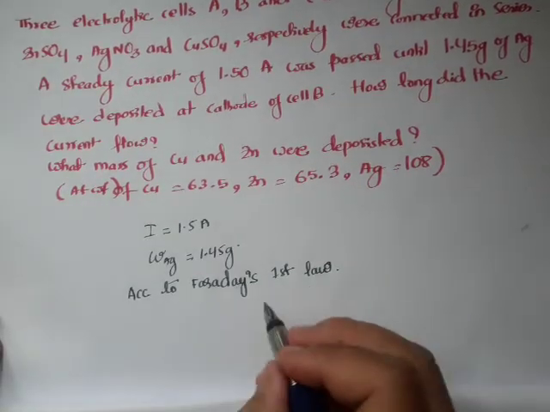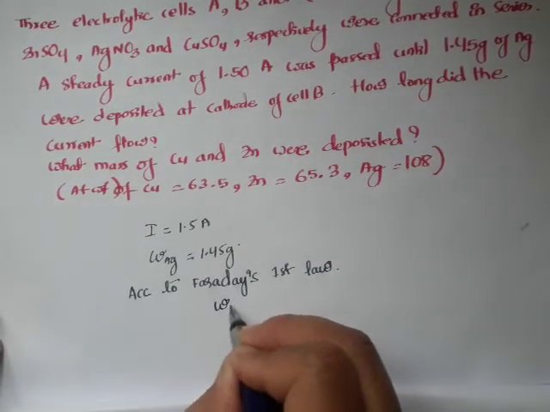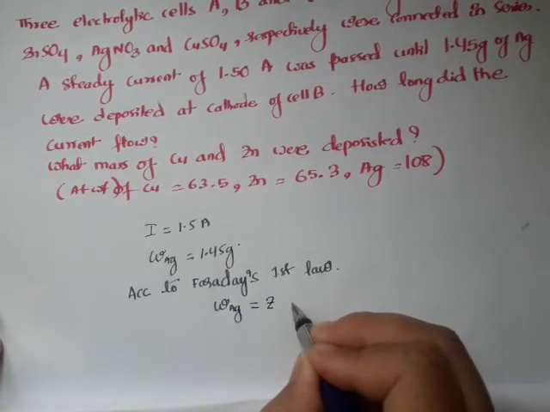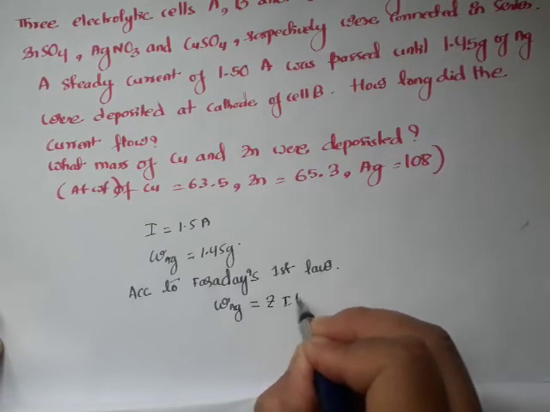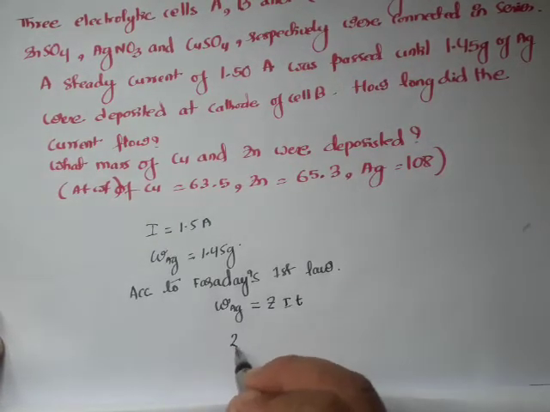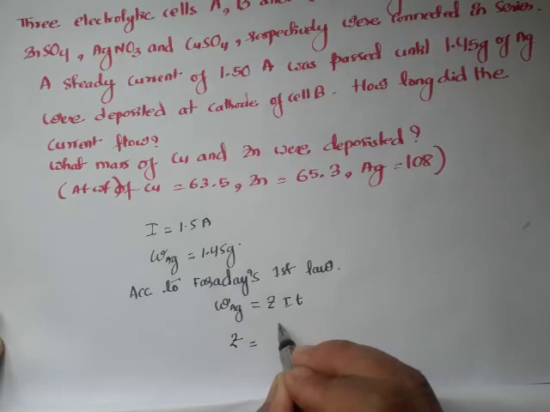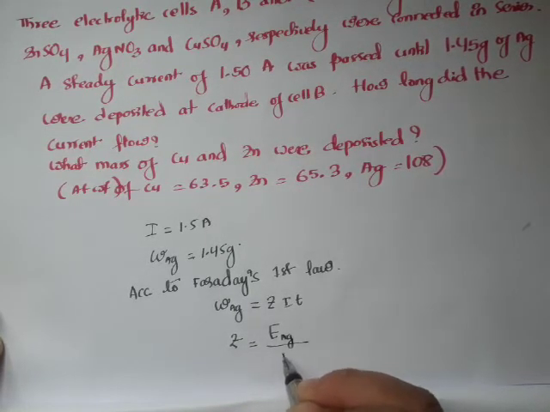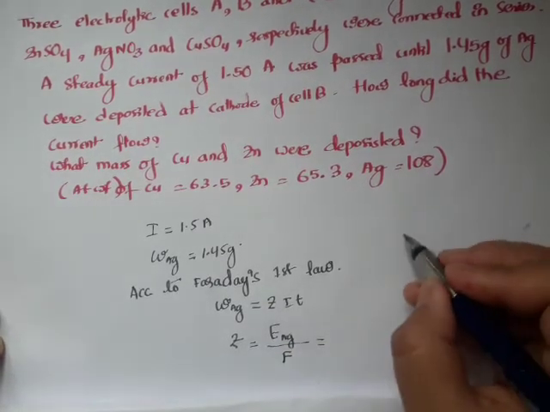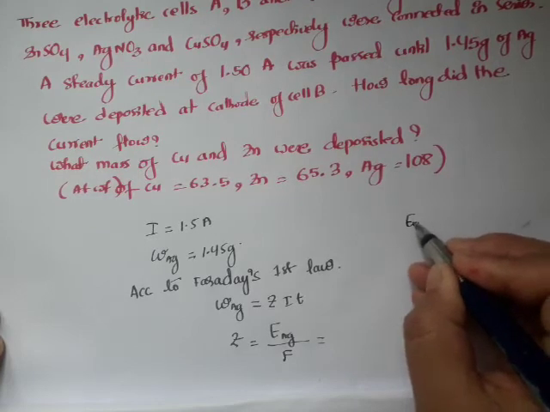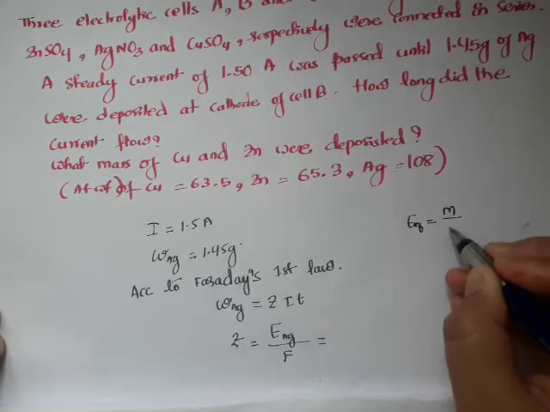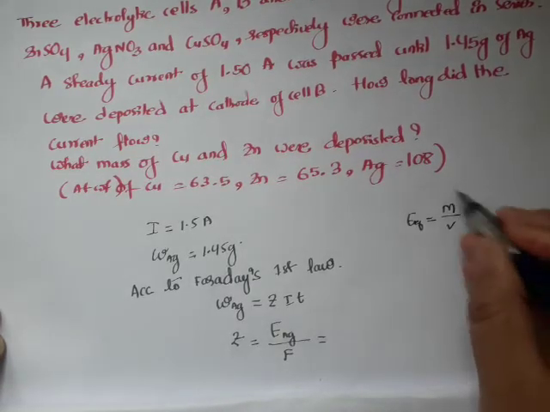According to Faraday's first law, the weight deposited W of Ag is equal to Z into Q, which is Z into I t. Z is the equivalent weight divided by Faraday. The equivalent weight is molar weight divided by valency.